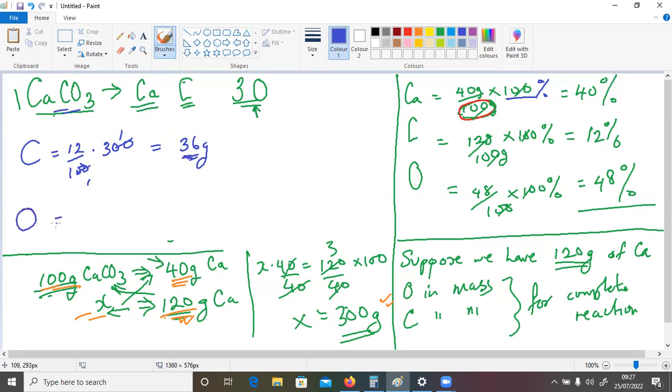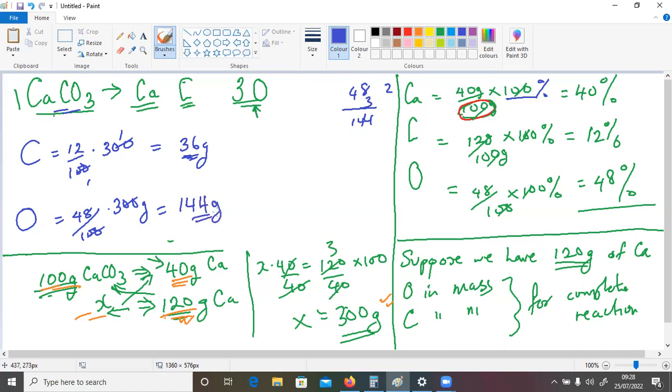What about oxygen? I know its percentage composition is 48, so I do 48 over 100 multiplied by 300 grams. 48 times 3: 8 times 3 is 24, 4 carry 2, 144.